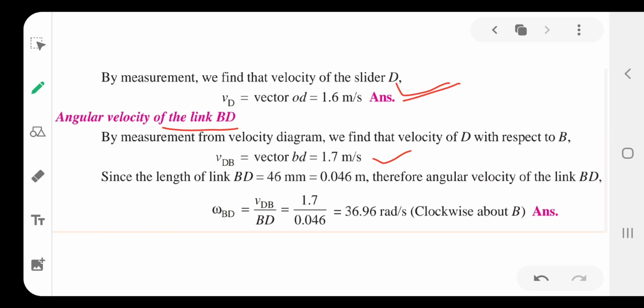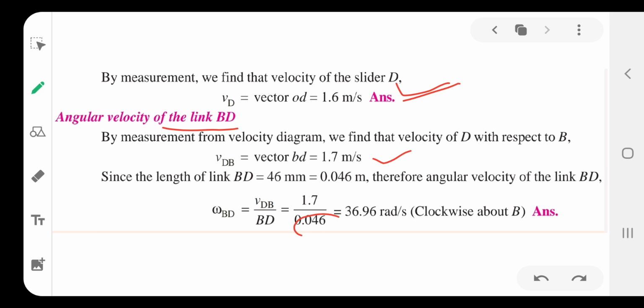Now we have to calculate the angular velocity of link BD. Angular velocity of BD equal to velocity VBD divided by length BD, so 1.7 divided by 0.046.